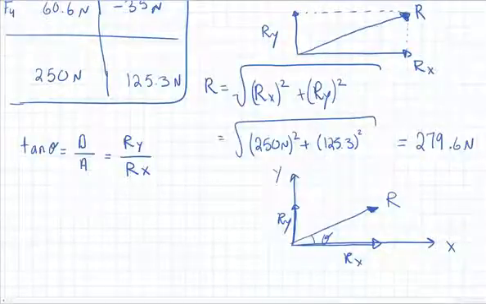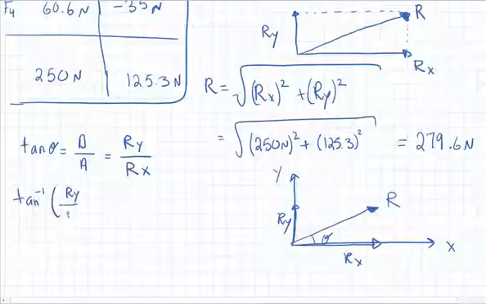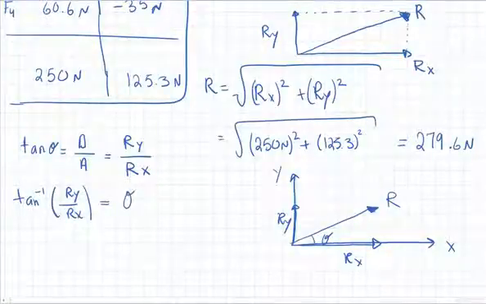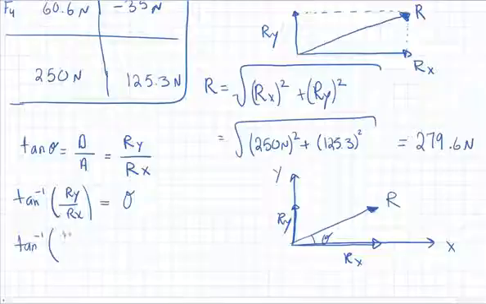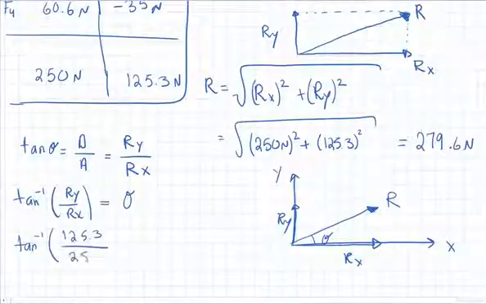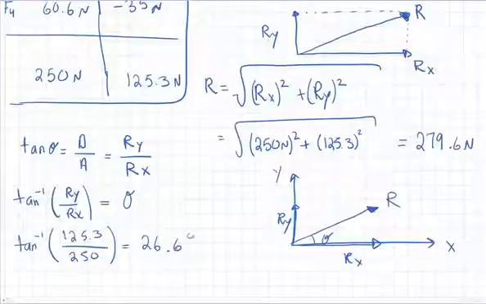So I can use tan inverse of Ry over Rx, which will give me my angle theta. So that is tan inverse of 125.3 newtons divided by 250, and that will give me a value of 26.6 degrees.